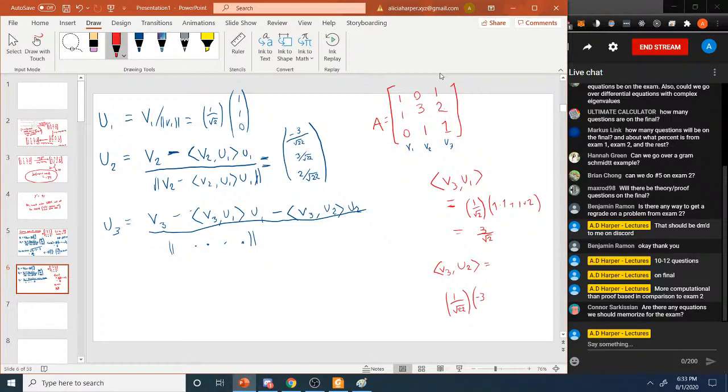So -3 times 1 plus 3 times 2 plus 2 times 1. And so this simplifies to 1 over the square root of 22 multiplied by 5, I believe, because this is 8 minus 3, so yeah. I'll just put a 5 in here.